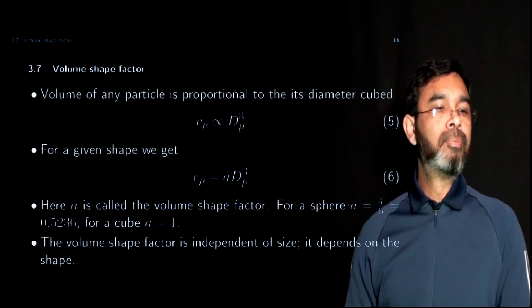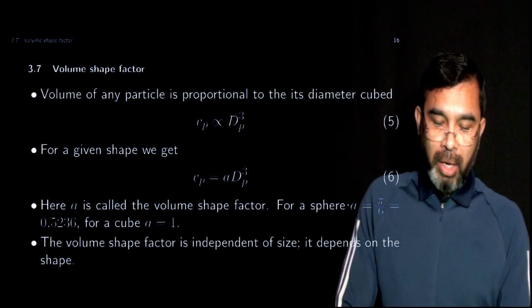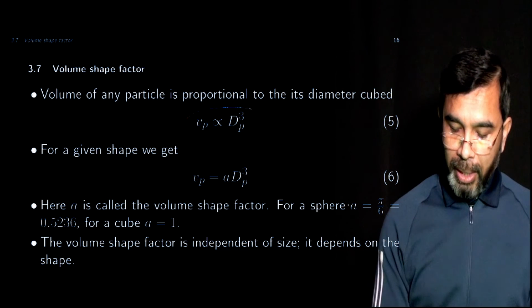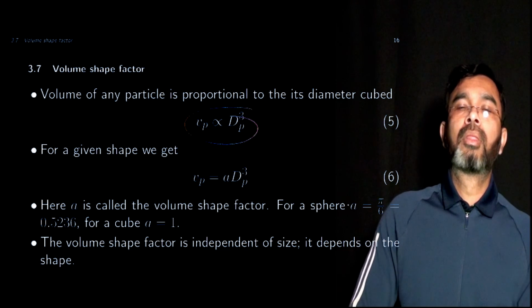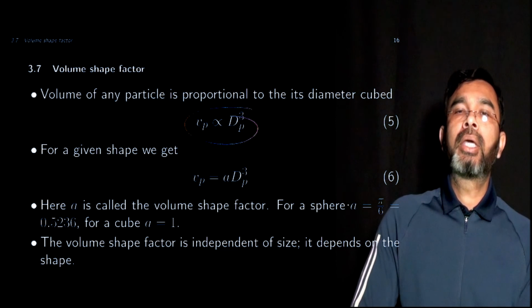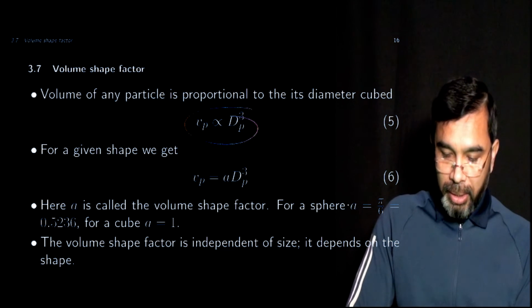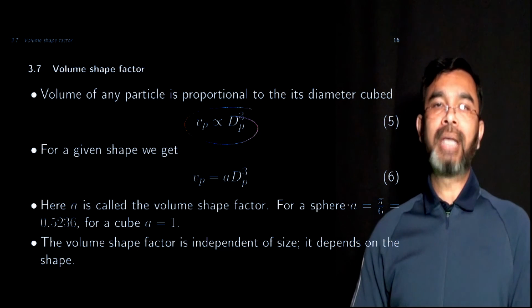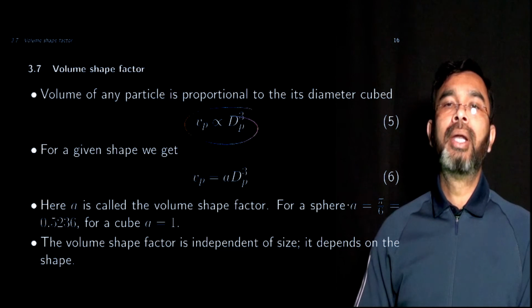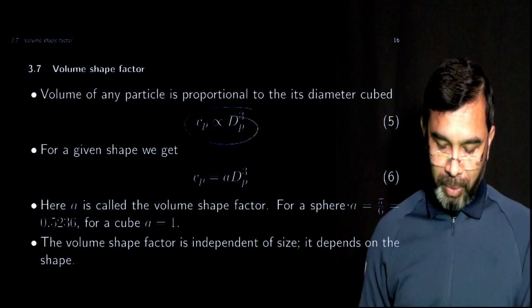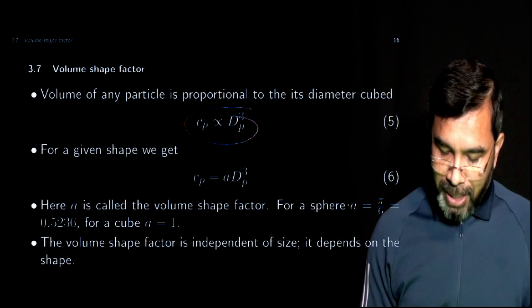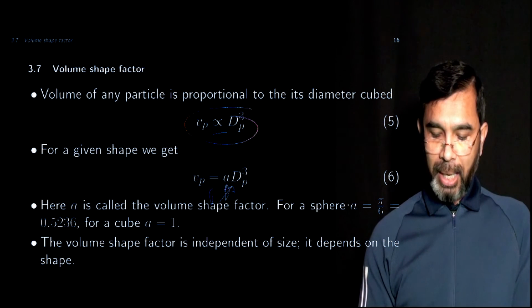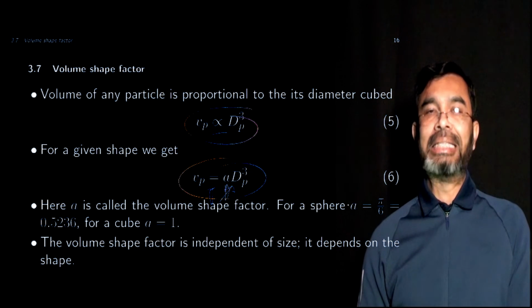Another term we need to use is called the volume shape factor. You know that for any particle, the volume is proportional to the cube of its diameter. Now we will use the term diameter to really mean equivalent diameter, meaning we're not talking only about regular shaped particles. If we replace this proportional sign by an equal sign, you can say that Vp equals a dp cubed.